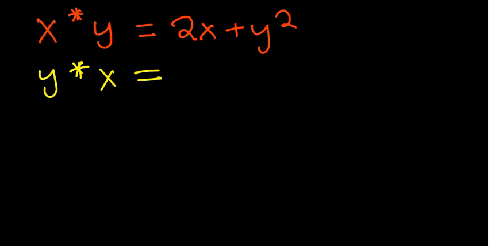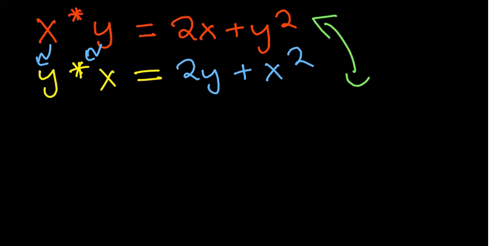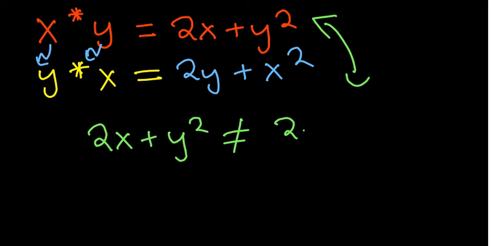So in this case now, just like we were substituting, it will be the same. So my x in this case becomes y, so it will be 2y, and now my y is x, so it will be x squared. So now the question that stands is, if you compare the two, what is on the right hand side, are they the same or they are different? So you can clearly see that 2x plus y squared is not equal to 2y plus x squared.